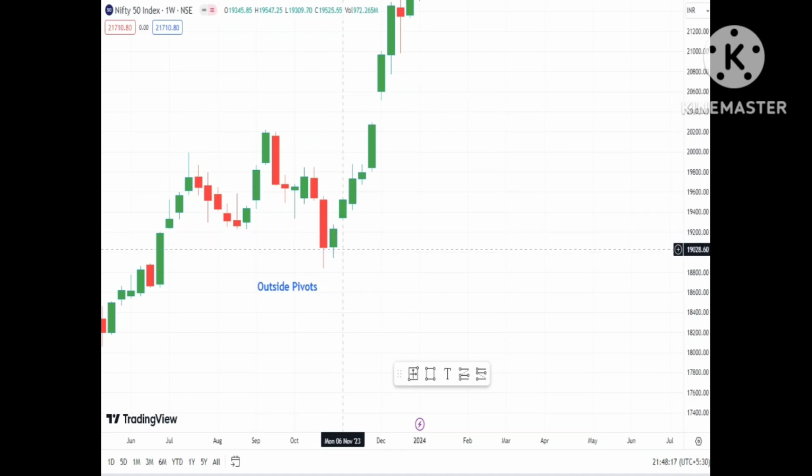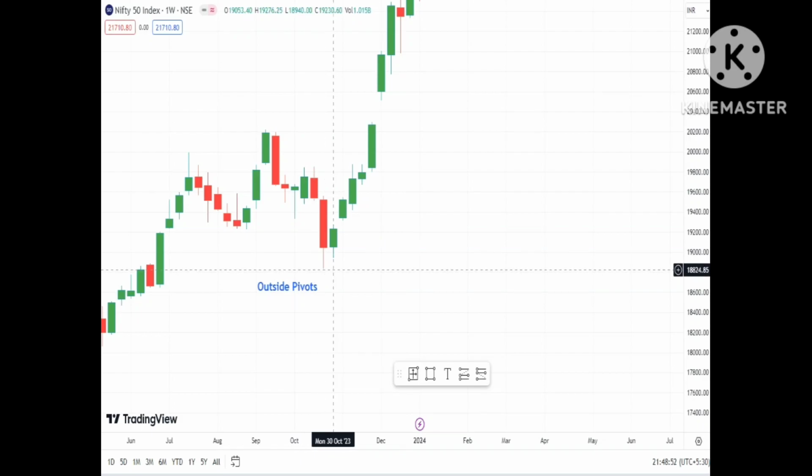The small green candle is an inside candle, and this candle's high has not crossed above the main middle candle. So a perfect pivot is not formed here because the high of the third candle has not crossed above the high of the main middle candle. So this is not a perfect pivot low.